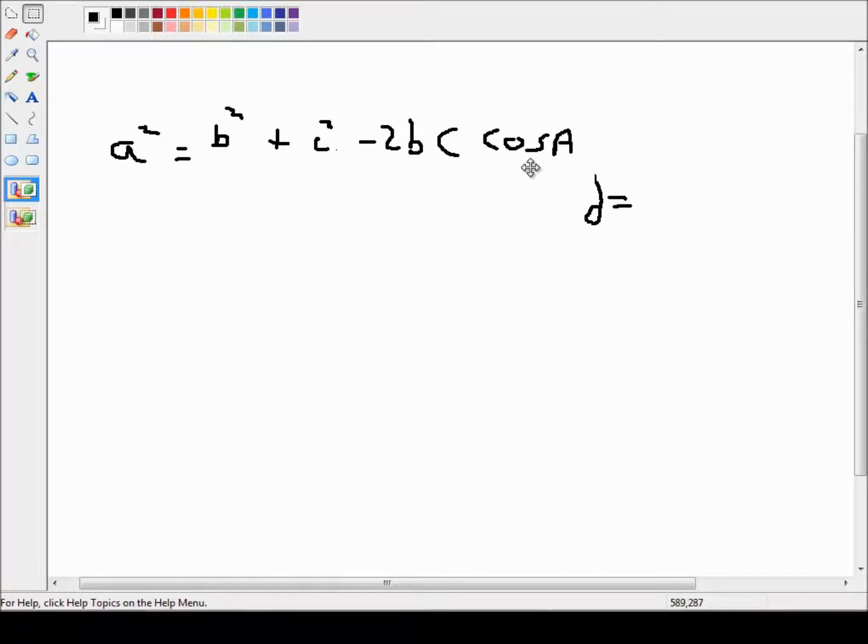So bye bye d, and we get our c cos A. And that is the cosine rule.